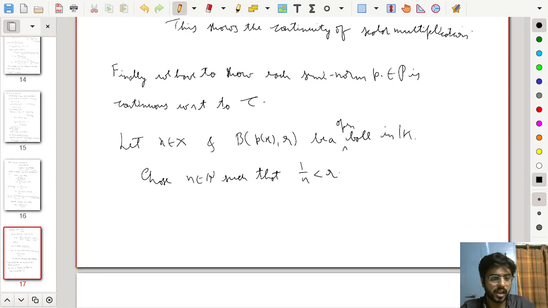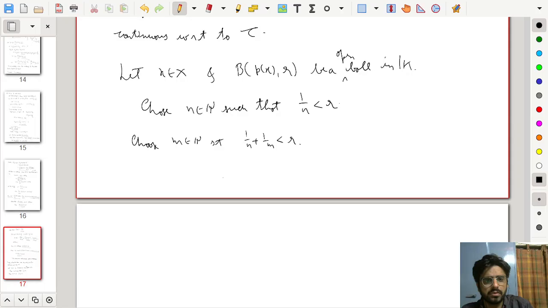We can always do this by Archimedean property. Choose m belonging to N such that 1 by n plus 1 by m is strictly less than r. Right, we can always do this again. We're choosing very small m.